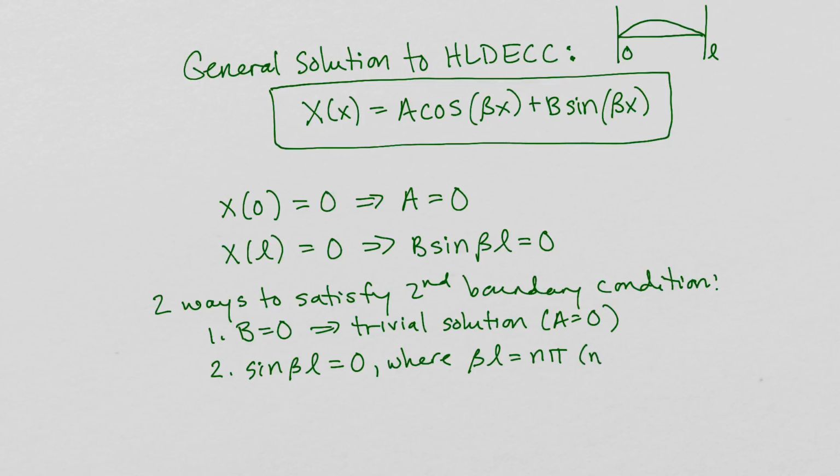So n equals 1, 2, 3, and so on. Again, if that is not jumping out at you, just go review your sine functions, and you can plot those and see that your sine of integer numbers of pi should come out to 0.